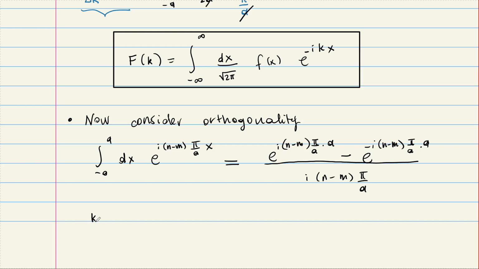So what I will do is identify k with n pi over a, k prime with m pi over a, and I'm going to take the limit in a little bit. This thing is going to be sine of (k minus k prime) times a. There's also a 2 because there are two terms, and the i's are going to cancel, and this is divided by k minus k prime.